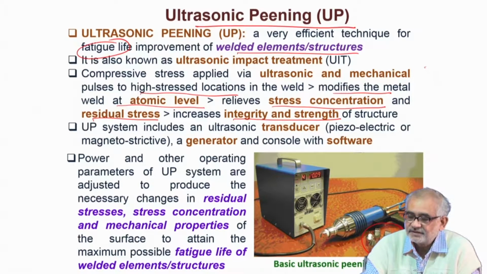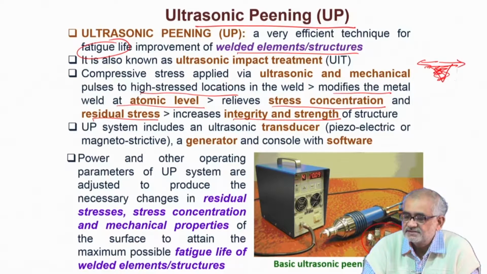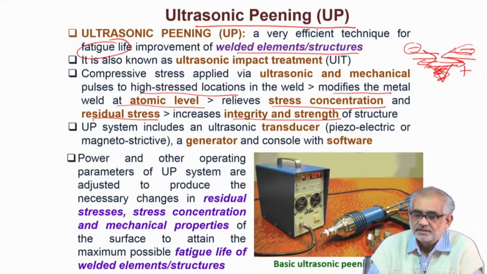So if this is the welded joint, the weldment, normally after solidification this is the state of stress, but we would like to reverse that and create a state of stress which is opposite in nature. So instead of positive, we would like to make the state of stress negative, or compressive in nature.